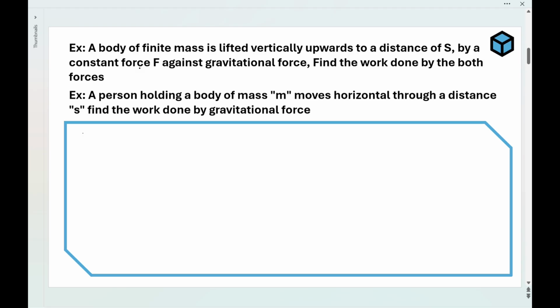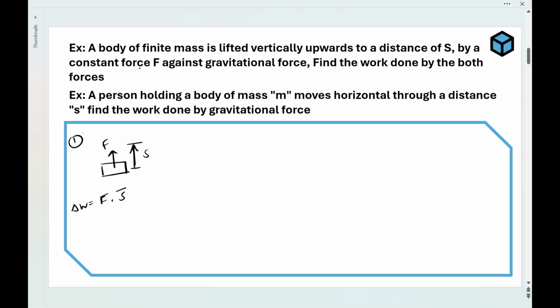Now there is a body. In the first case, it is being lifted up by a distance S with a constant force F. You can see the direction of displacement and force are the same. So we can write delta W is equal to F bar dot S bar.